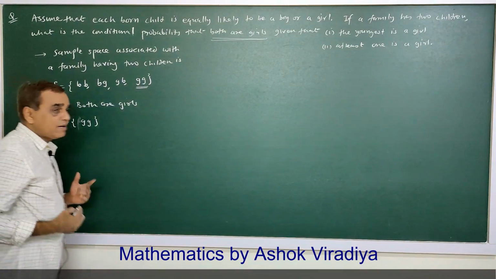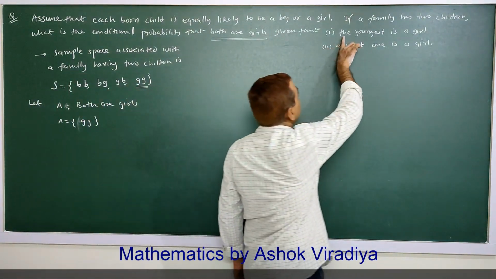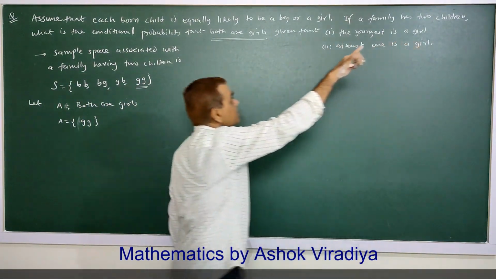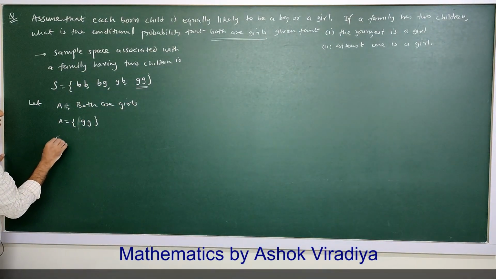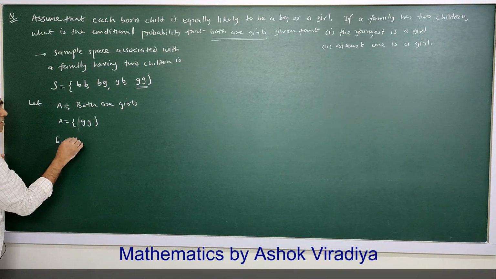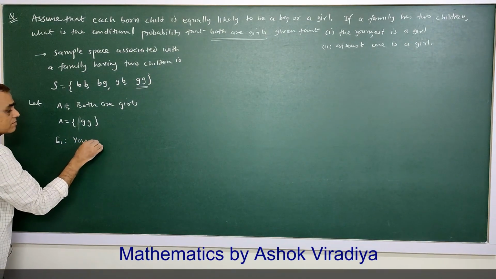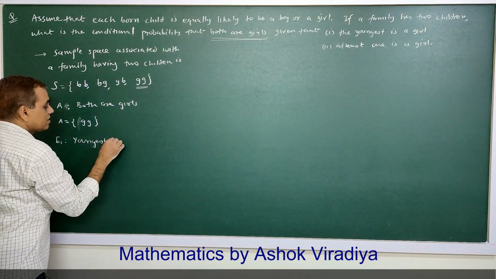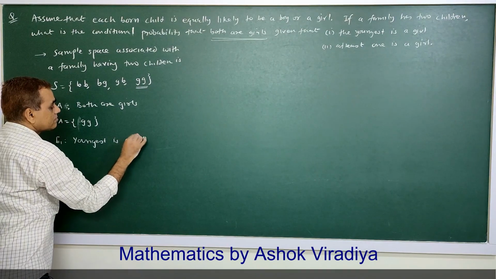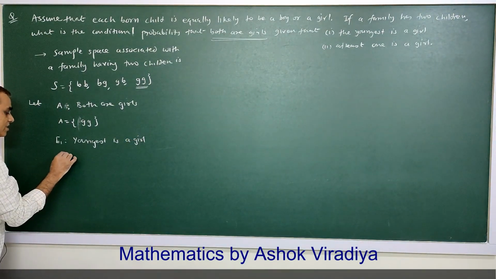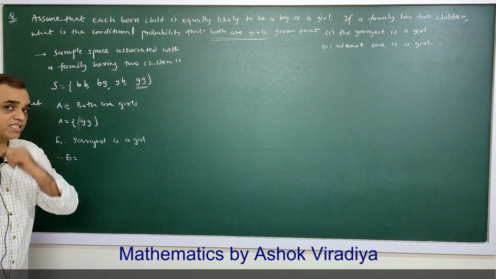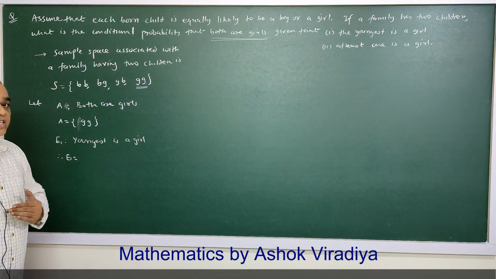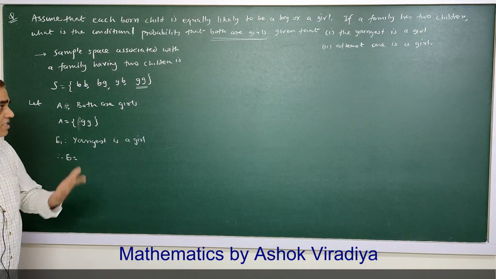Then we suppose event E1 is that the youngest is a girl. Youngest means the second child; the first child is not youngest, the second is youngest.